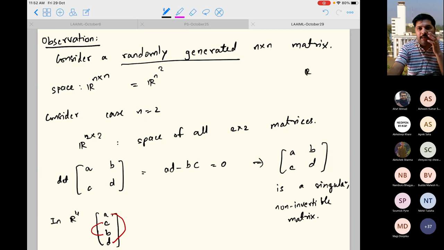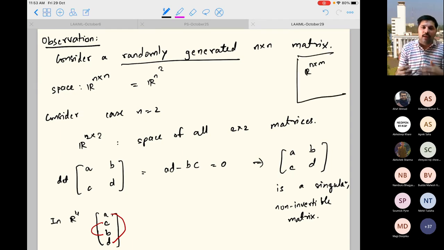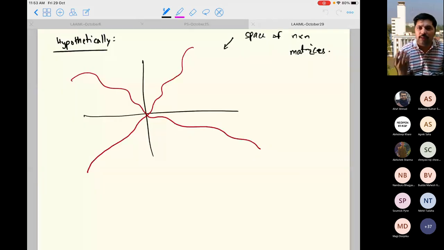If you have a matrix of the size n by m, then this invertibility you can equivalently say something about columns being linearly independent. We have been doing this a long time. So randomly choose a matrix, and you will see that it is almost always a full column rank matrix, or in the case of n by n matrices, it is almost always invertible.